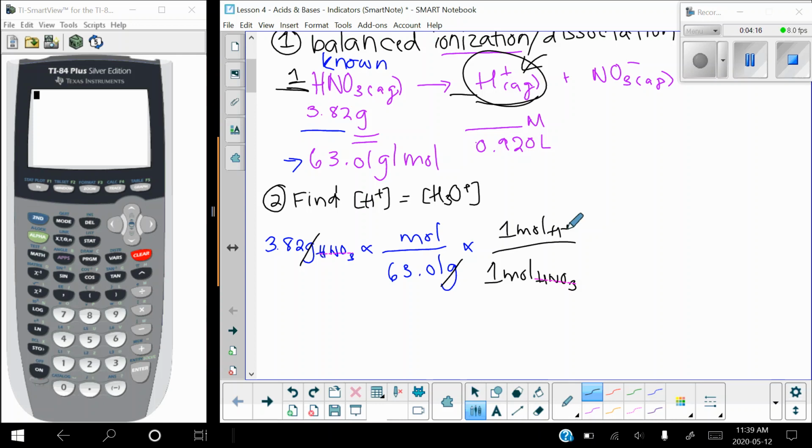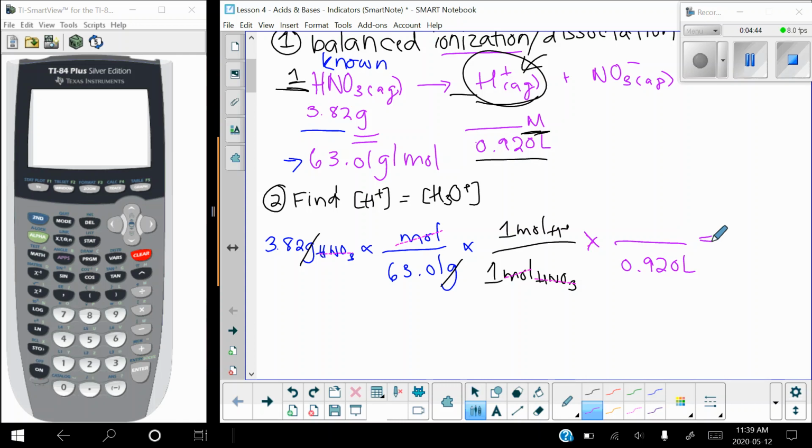Okay, mole cancels out with moles, and I have moles of my unknown. The last thing I need to do, I am looking for concentration, moles per liter. So I need to divide these moles by our volume. So I'm going to take this, divide it by 0.920 liters.